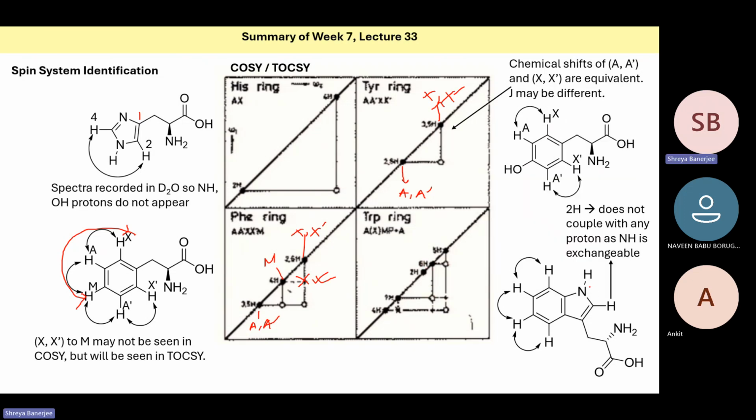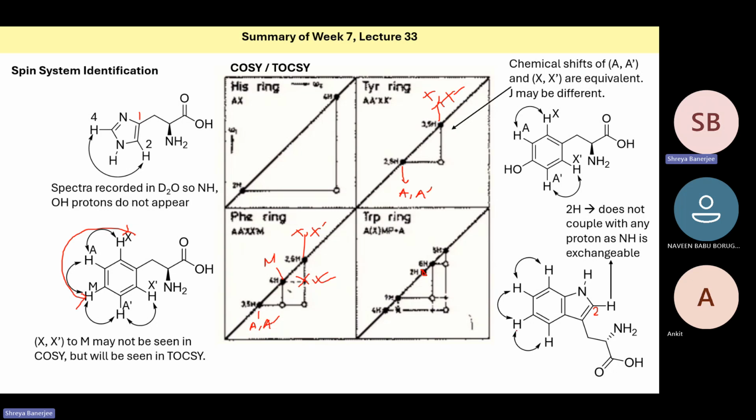This is labeled as H2. This H2 is not coupling with any other hydrogen in the aromatic ring system, so you can see it has no cross peaks.